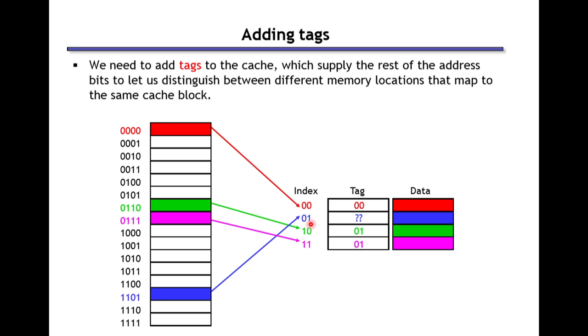So if you go to 01, okay, so this is your 01. So the tag, if you observe here, for 01 will be 11.